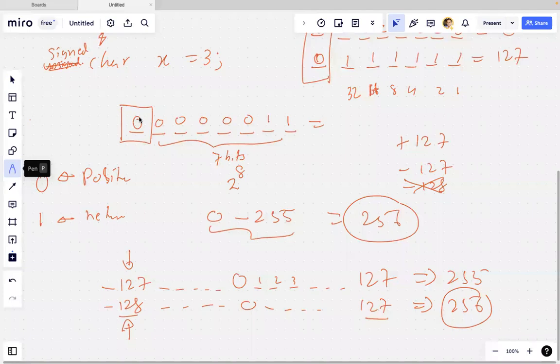Okay, here the most significant bit is 0. So here 2, here 1, that means the value is 3. Tell me whether this 3 is positive or negative. Suppose that char is a signed value. Then 3 is positive or negative. According to this, the most significant bit is 0. Positive. Yeah, this is positive 3.